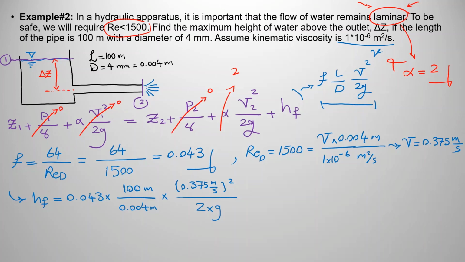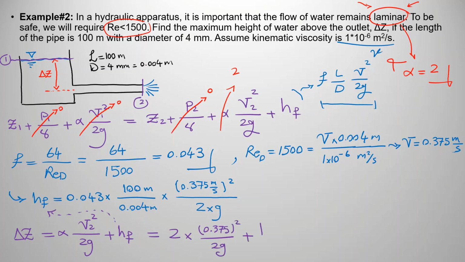Now, if I rewrite the energy equation, it would be delta Z, which I need to calculate, which is the value that I want, equals alpha velocity squared divided by 2g plus HF. HF is simply this HF that you can calculate from here. So it would be equal to alpha, which is 2, times velocity, 0.375 to the power 2 divided by 2g plus HF.